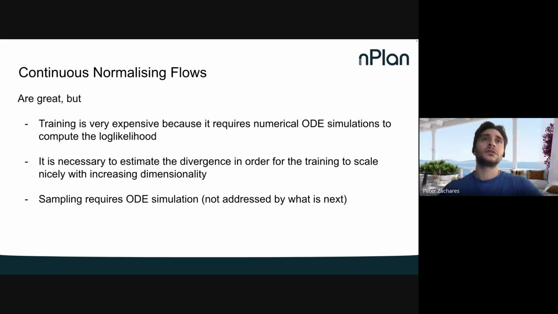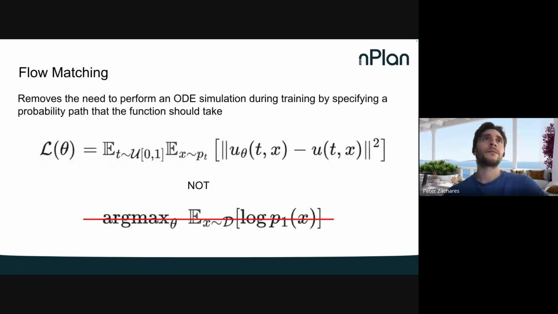But I think now they're just focusing on how we can make this training approach tractable or more efficient. And that makes me think that maybe this approach is really effective, and so they don't care that you still have to do these ODE simulations at inference time to sample. They're really effective at generating high quality samples.